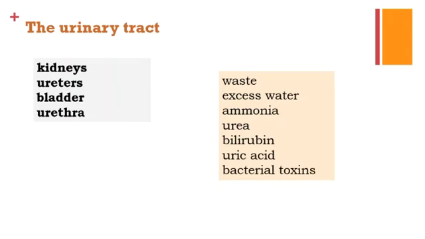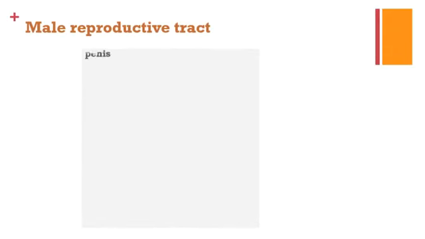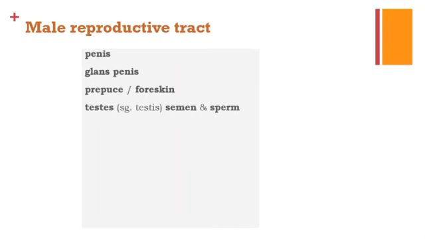Urology also deals with the male reproductive tract. The male sex organs are the penis, which has a long tip called the glans penis, which supports the foreskin or prepuce, and the testes, also known as the testicles, which produce semen and sperm.